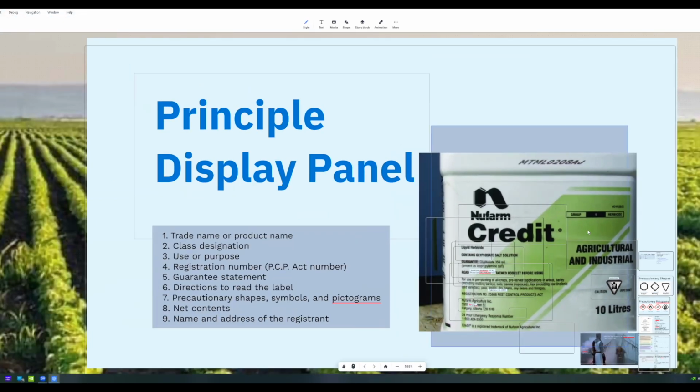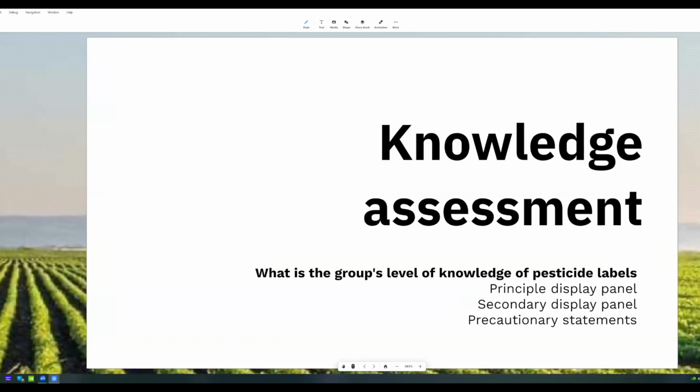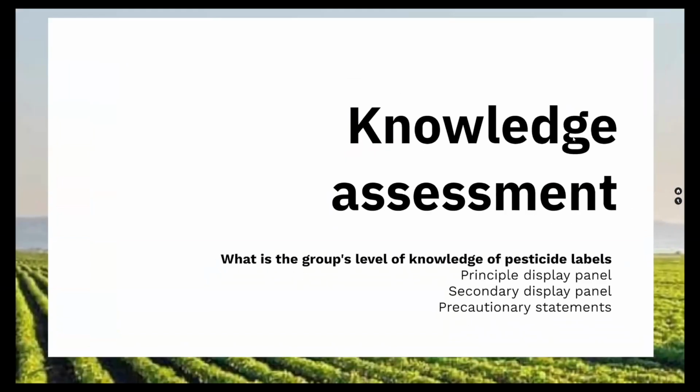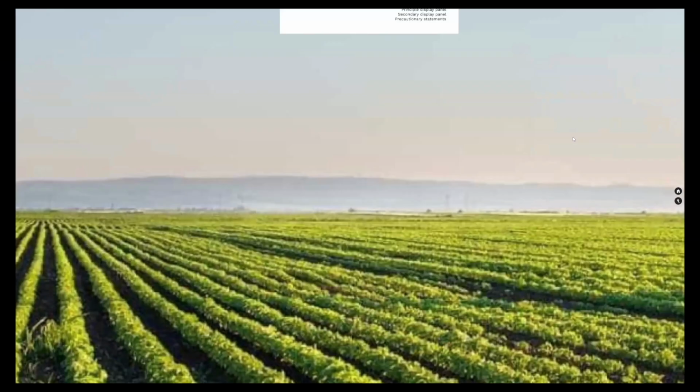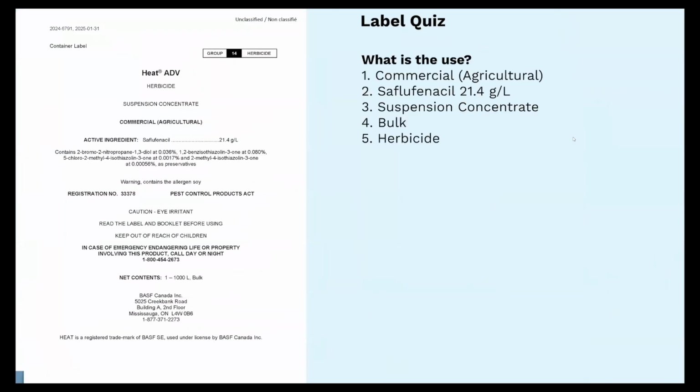Just a minute here. I think with your poll and quizzes, it's blocking my advance. Okay, here we go. So the first question about the label is, what is the use?